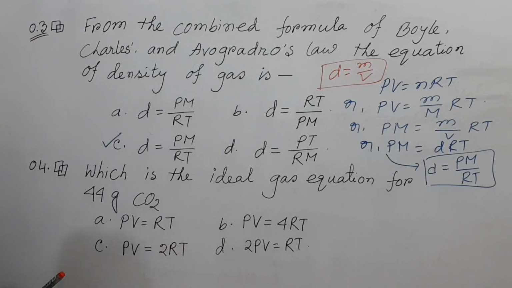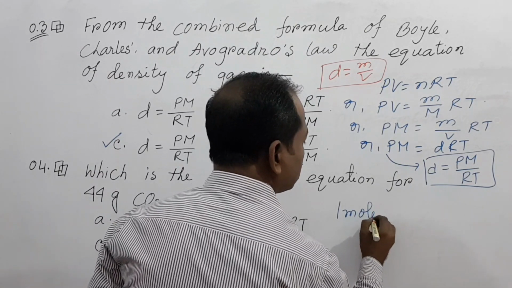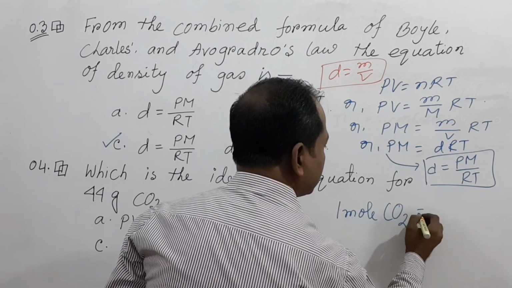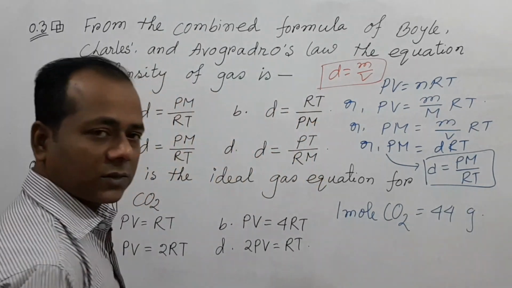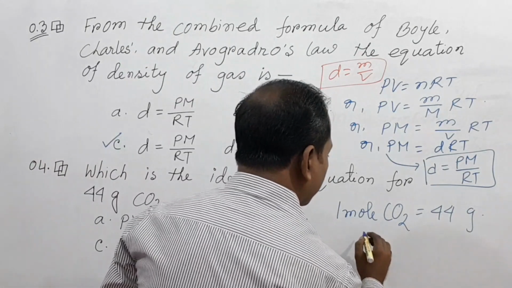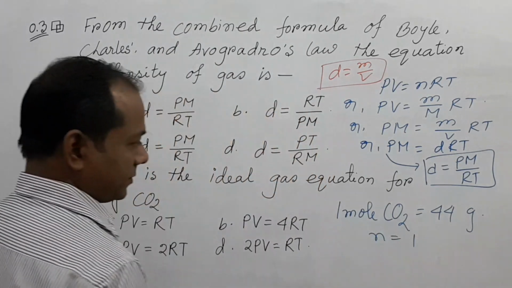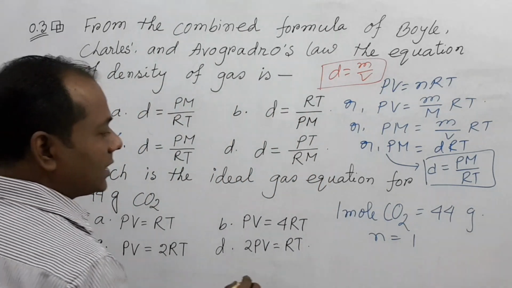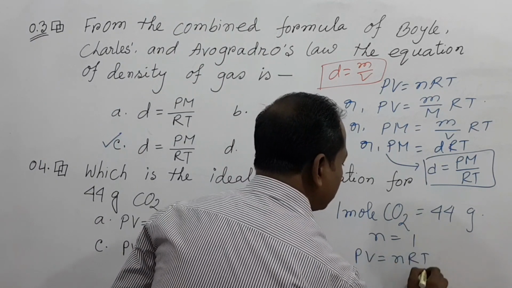Our fourth question: which is the ideal gas equation for 44 gram carbon dioxide? We know that 1 mole of carbon dioxide equals 44 gram. So, for carbon dioxide, 1 mole, n equals 1, and the ideal gas equation is PV equals nRT.